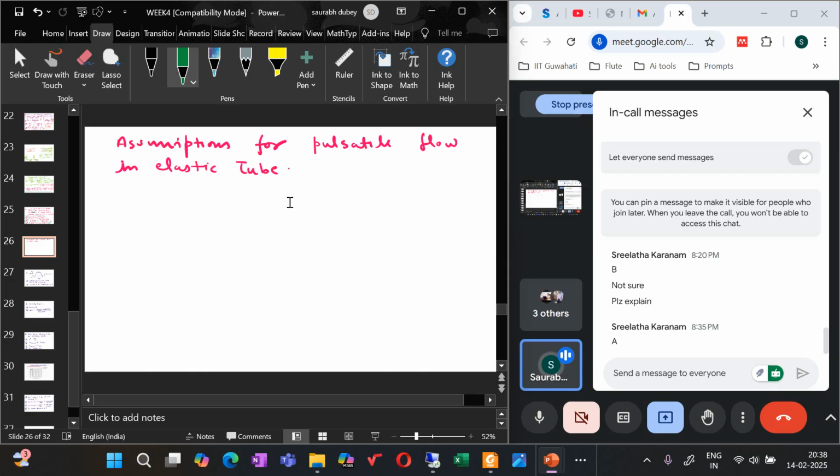Then you will actually get to know that in this slide or in this particular concept, there are a few things that have to be looked at very carefully, right? So, assumptions for the pulsatile flow. Anyone, please attempt?